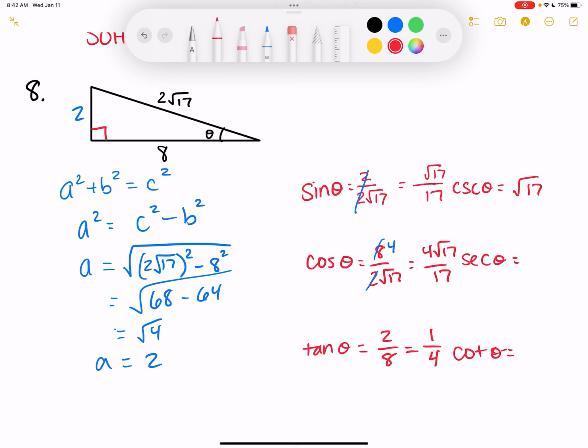Square root of 17 over 4. Because we've already reduced, so we're just taking it and we just flip it. And then cotangent would be 4.